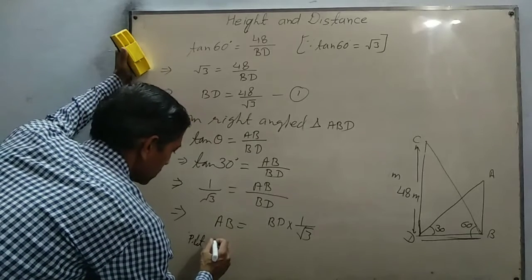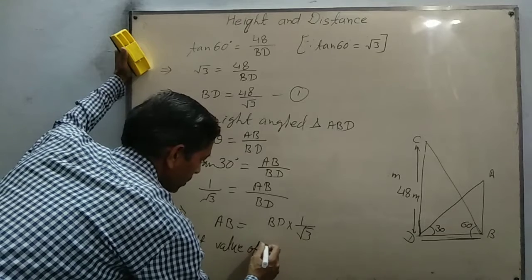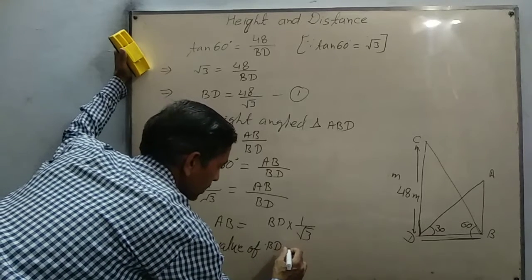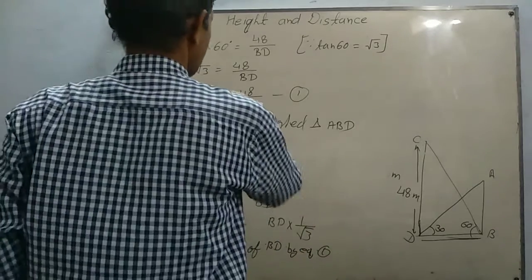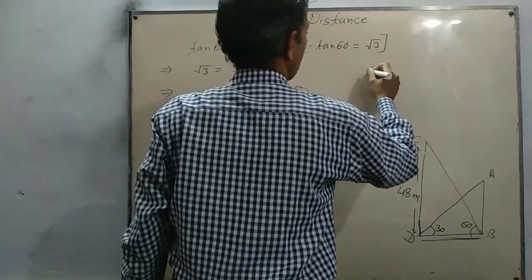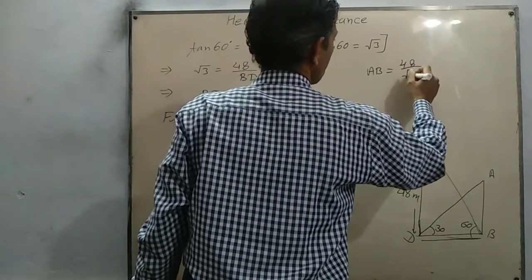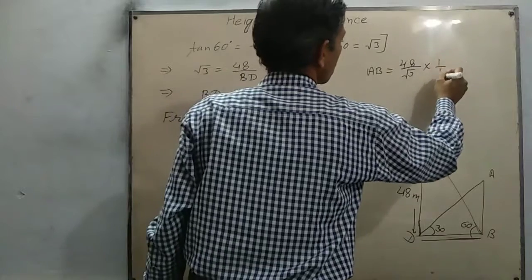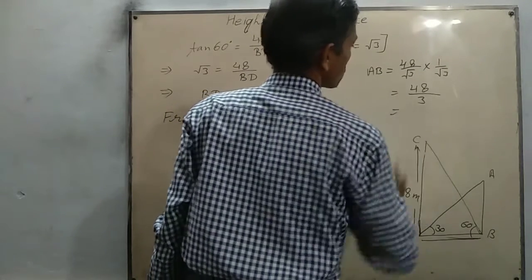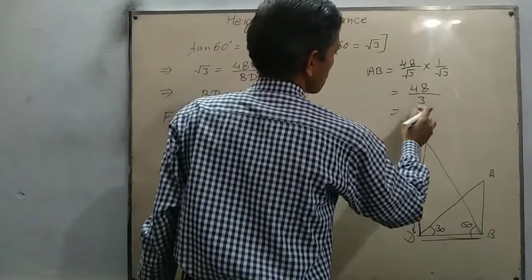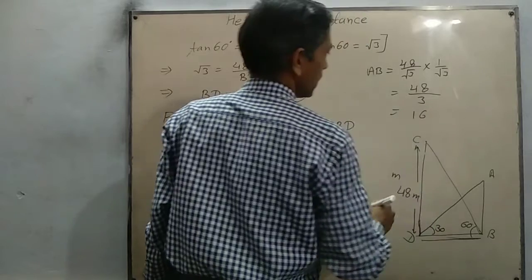value of BD by इक्वेशन 1 से इसकी वैल्यू पुट करते हैं, AB is equal to 48 upon √3 into 1 upon √3. 48 upon √3 को √3 से मल्टीप्लाई करने पर 3, 48 को 3 से डिवाइड करने पर 3 1 जा 3, 3 6 जा 18.